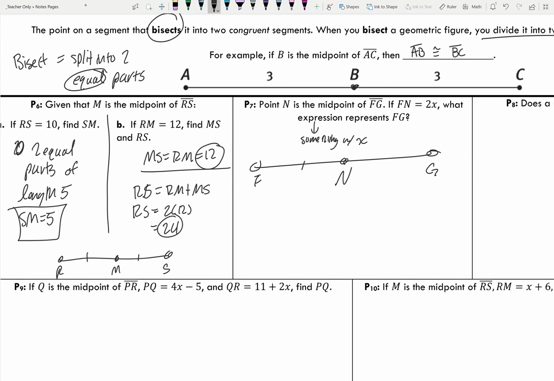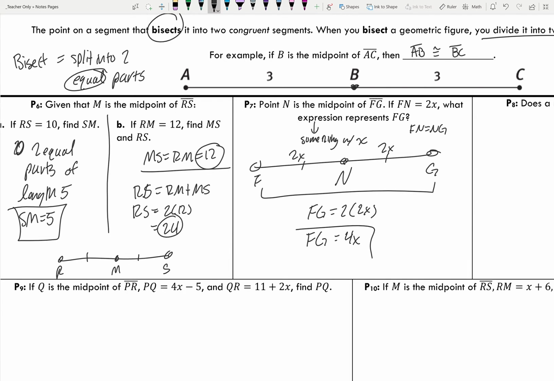We know they're congruent because N is the midpoint. So FN is 2x. If I know FN, I also know NG, so this is also 2x. To find FG, we just take 2 times one of the parts, which is 2 times 2x. So FG can be written as 4x. And that's our expression.